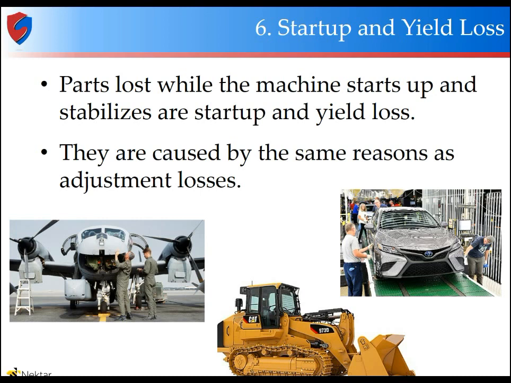Startup and yield losses, the characteristics we'll look at. When we start up a piece of equipment, again, we want reliability that it's going to work the way it's supposed to work. When it comes to aviation, we need to know that when that plane or jet takes off, it's going to stay in the sky. We don't get a second chance at some things. That's why that pre-flight checklist is so important.